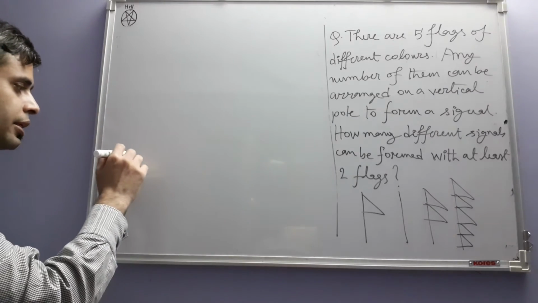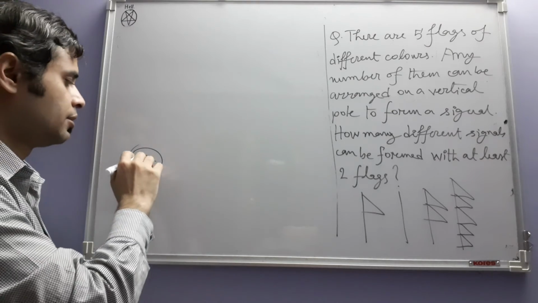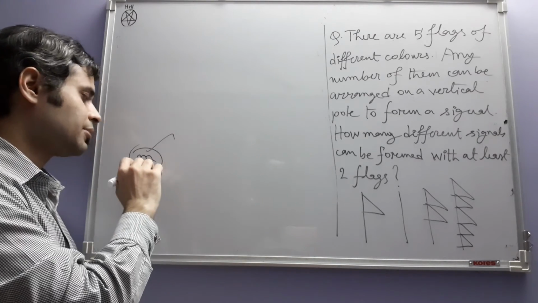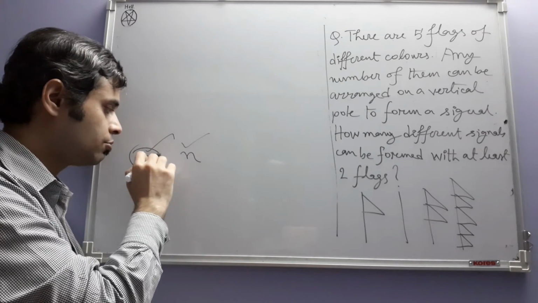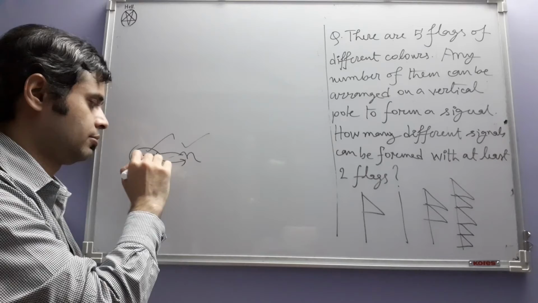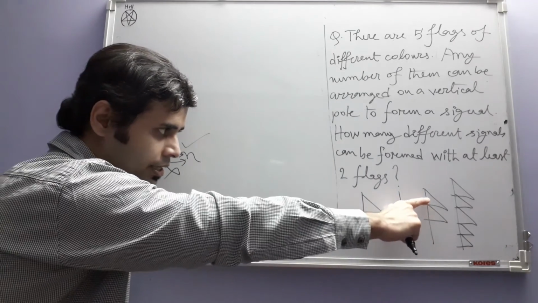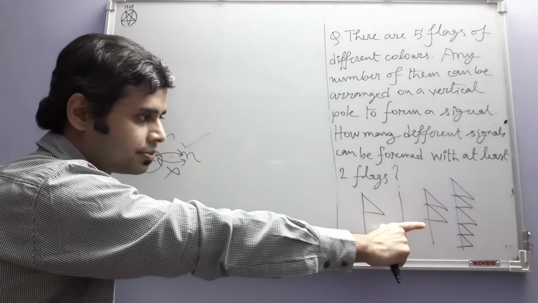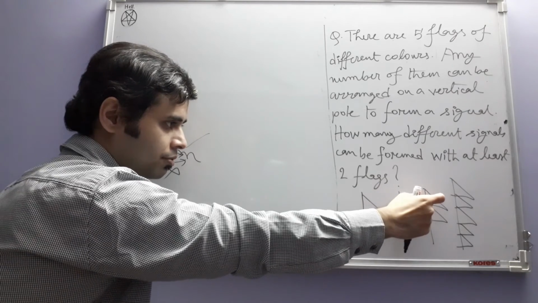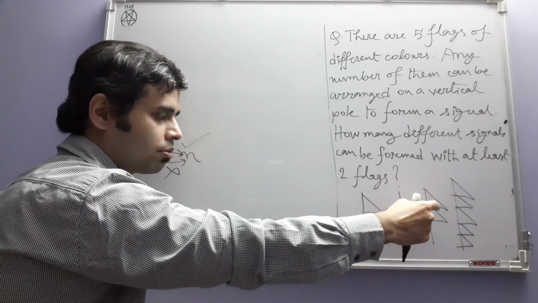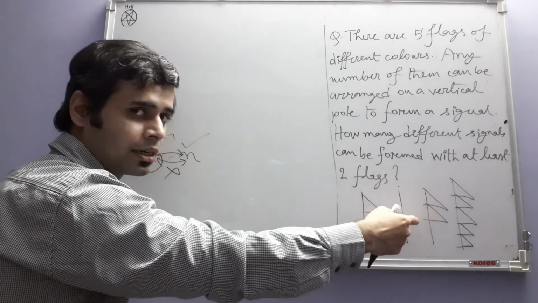See, multiplication is only there when you do something in m ways, you do something else in n ways, and these two things are related, then only we multiply. You see, in this case where we have two flags, there we multiply the number of flags we can put in the top position, and the number of flags at the bottom we can put.